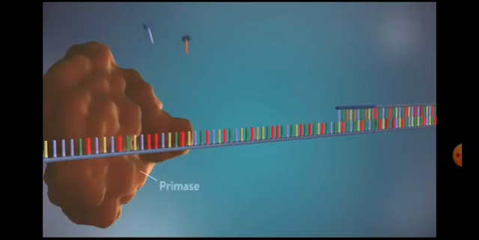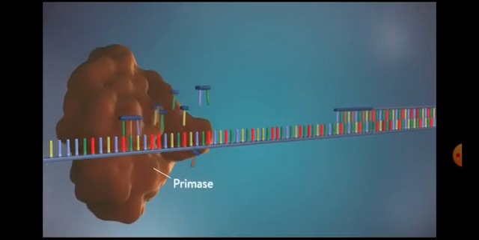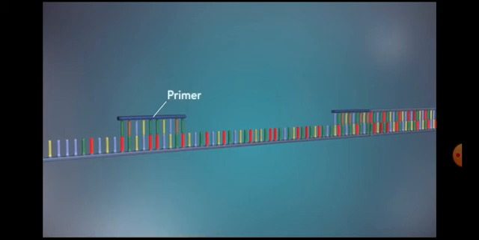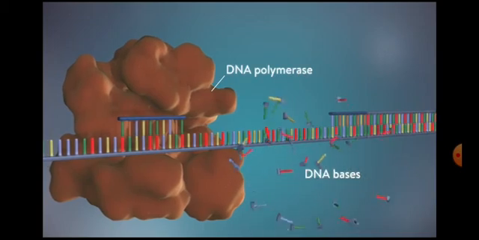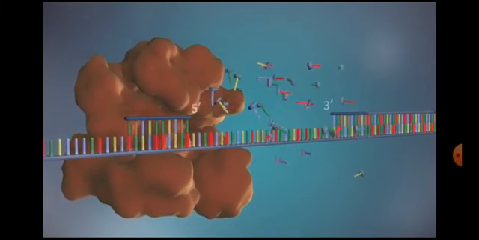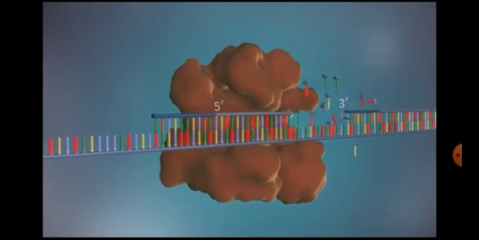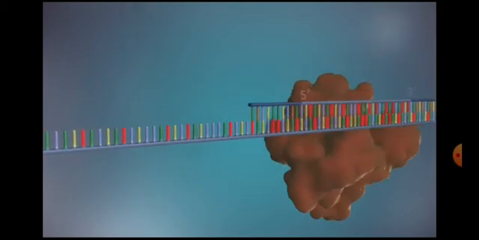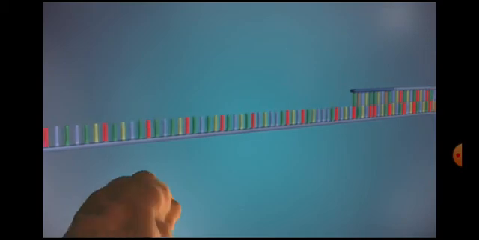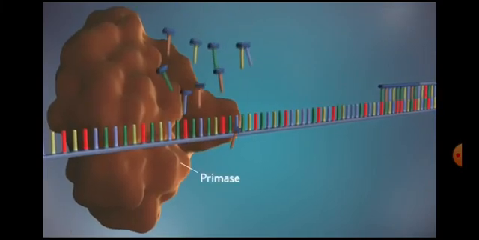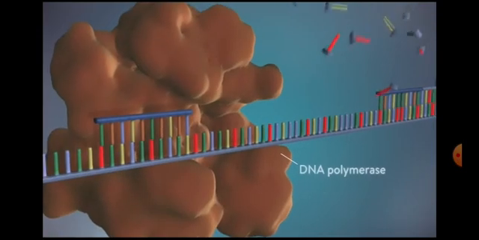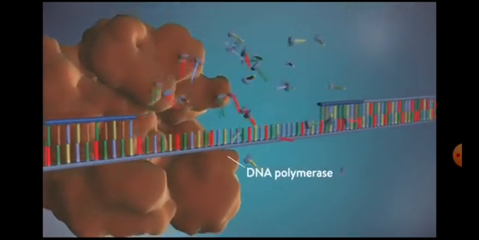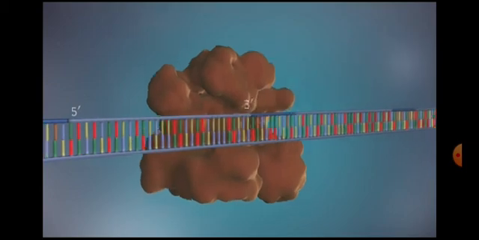In this case, the primase forms a primer at a particular position on the DNA, and then DNA polymerase binds to that position and starts the addition of nitrogenous bases. It leads to the formation of an Okazaki fragment, and this process continues with the production of several small patches of strands.